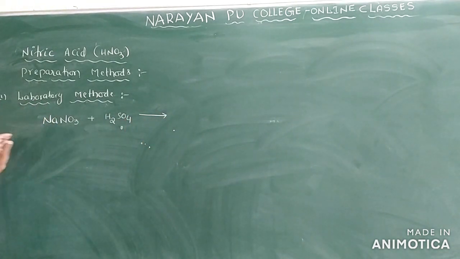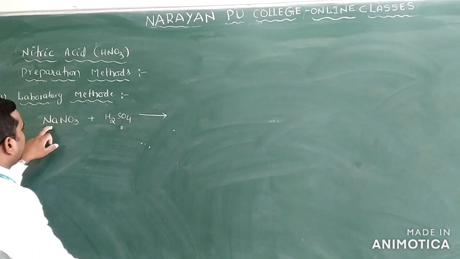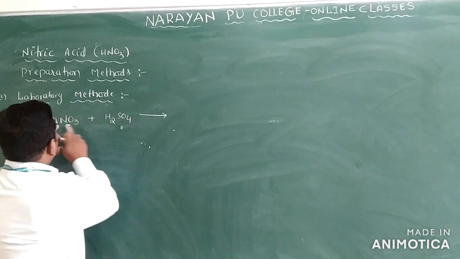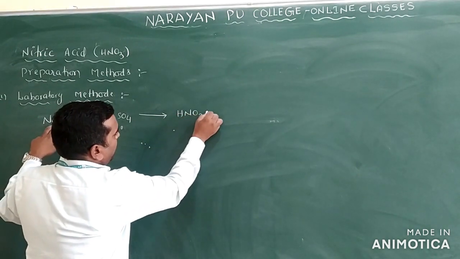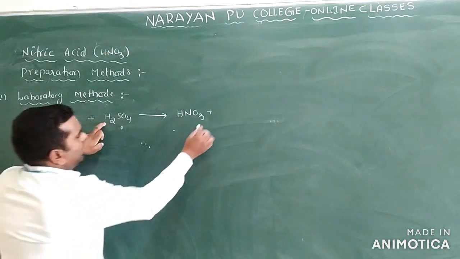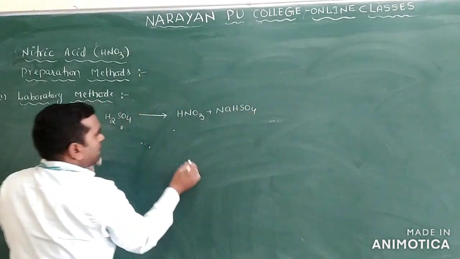Then what will you get? SO4 is there, so one of the hydrogens will come here, and you will get HNO3 plus NaHSO4. Clear, ma? This is the laboratory method.